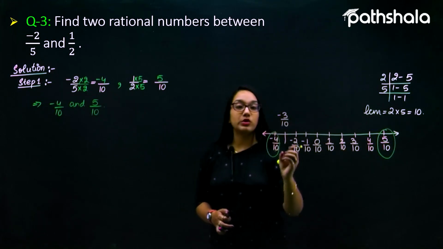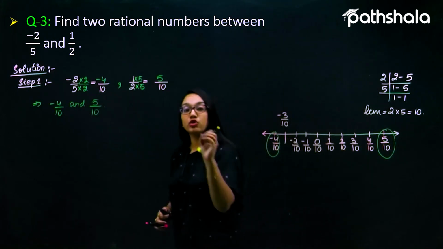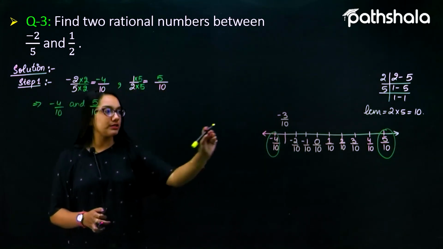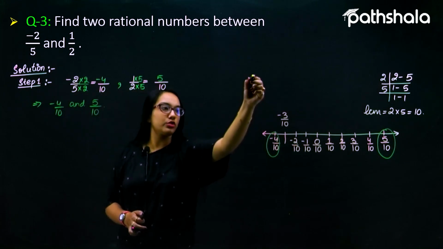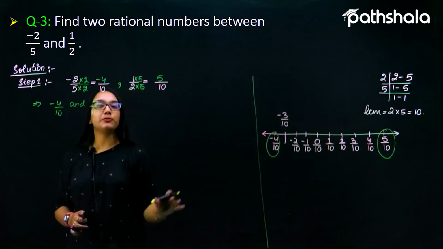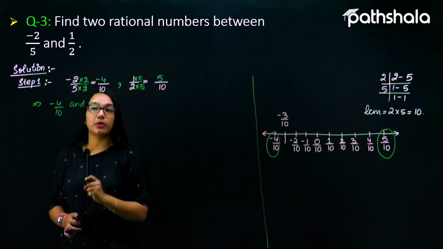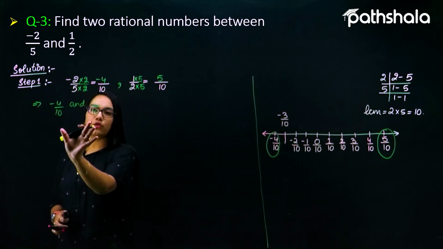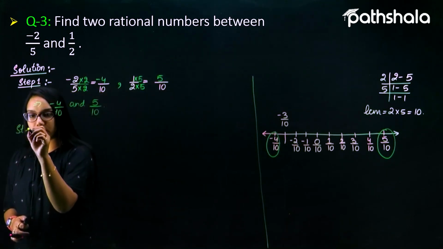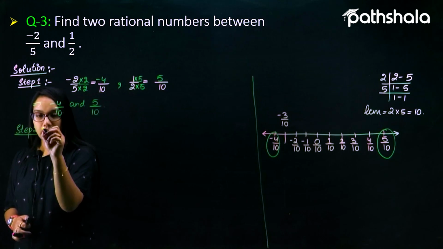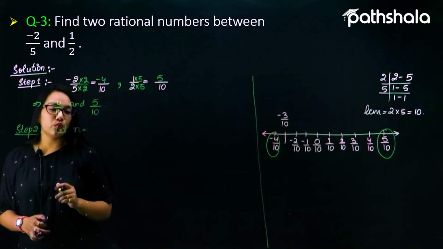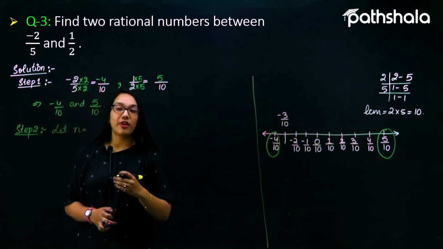Now let us find the answer using the step system that we used in question number 2. Step number 2: let n be the number of rational numbers we want to find between -2/5 and 1/2.